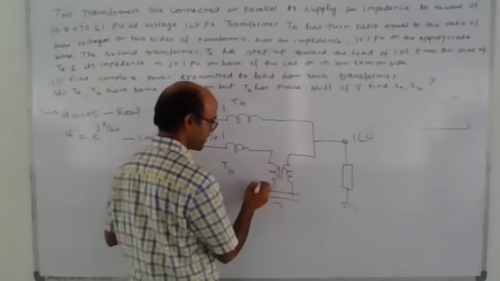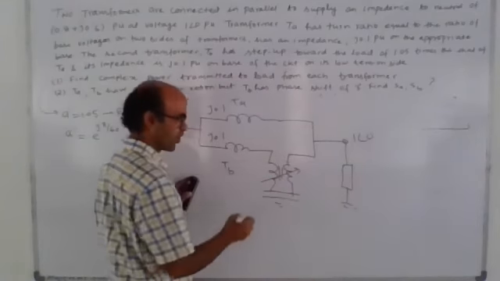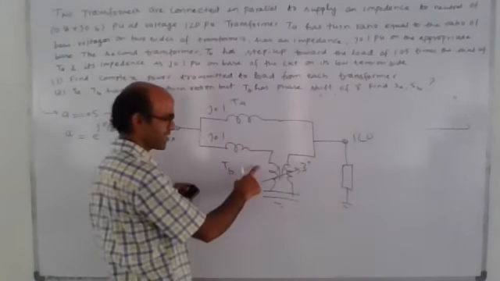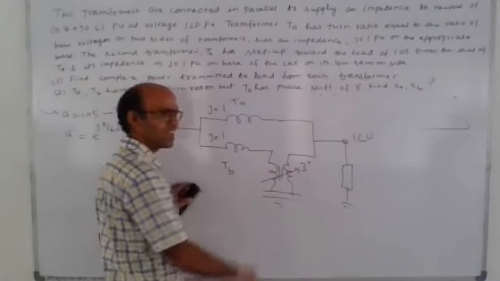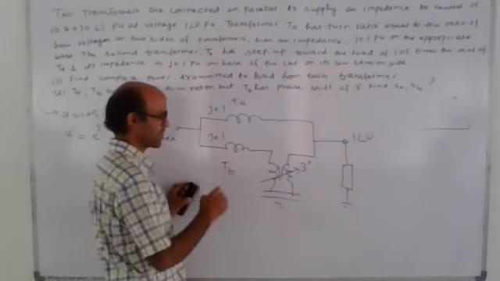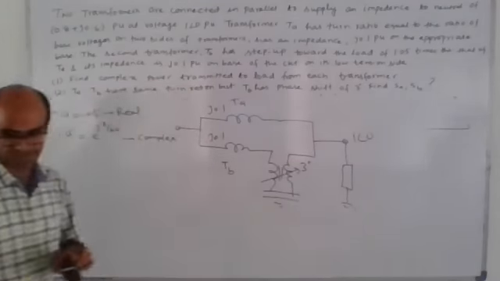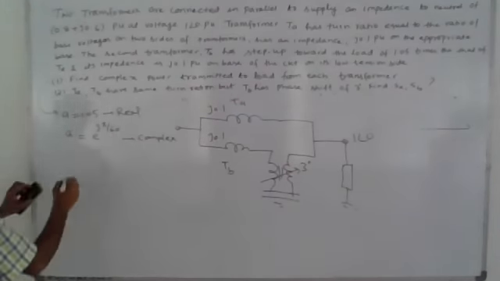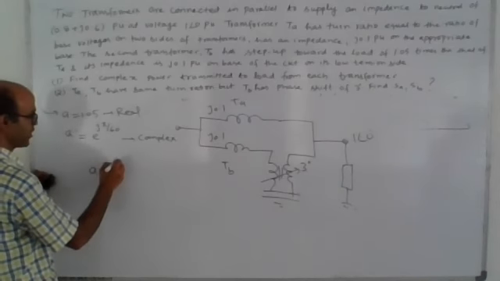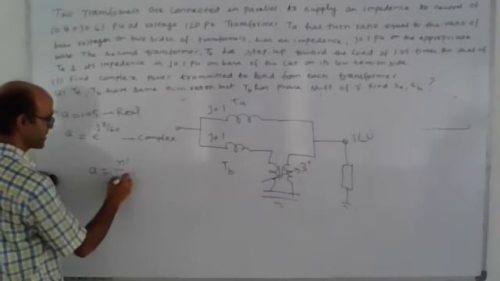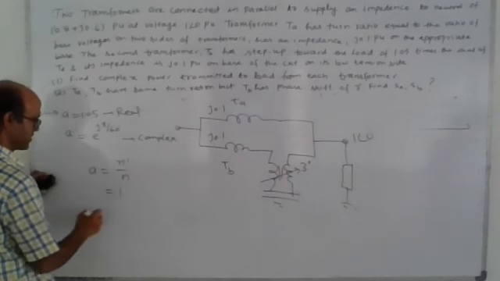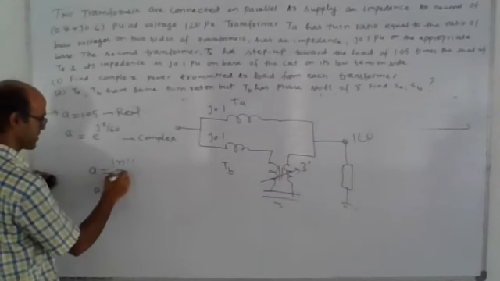But now here we are introducing a phase shift of 3 degrees. Instead of changing the turn ratio, now we are shifting the phase by this ideal transformer. So here what is A? A is N dash by N. If you are taking its mod, then it will be 1. A equal to 1.